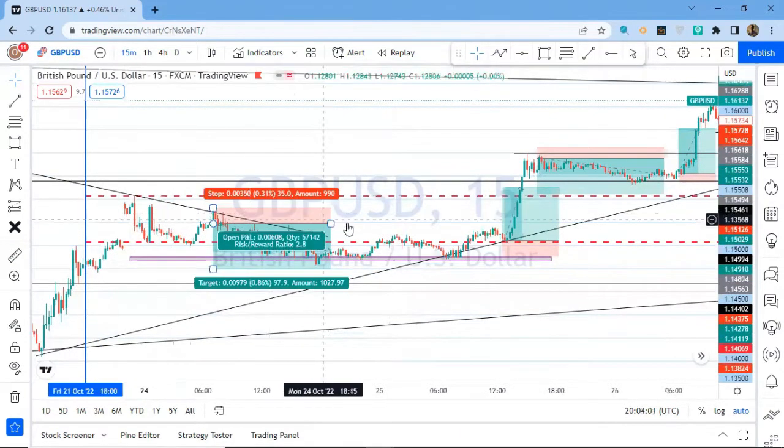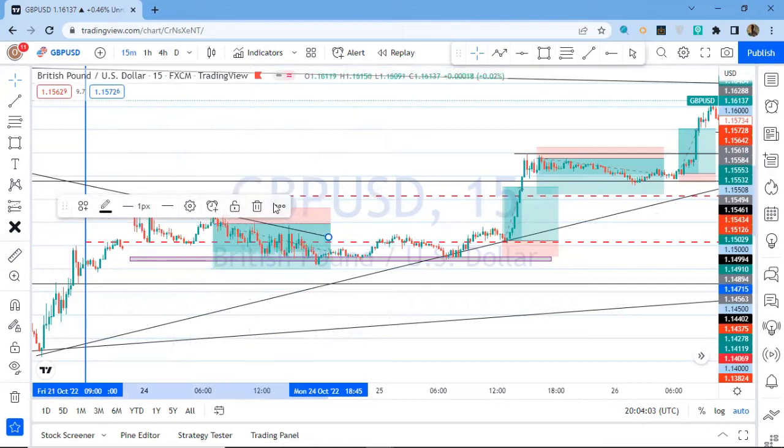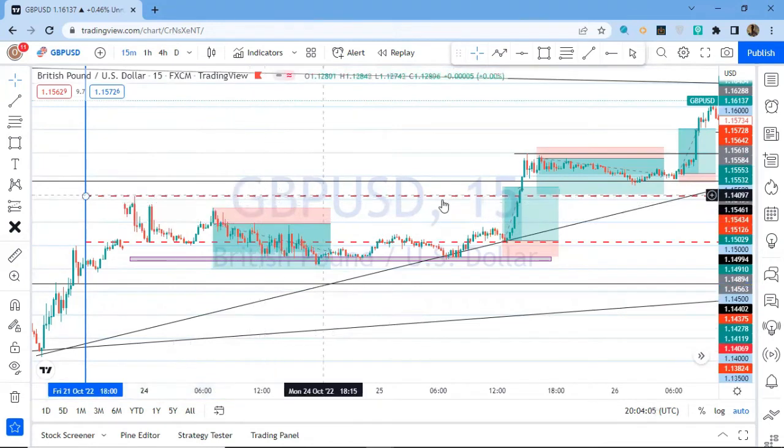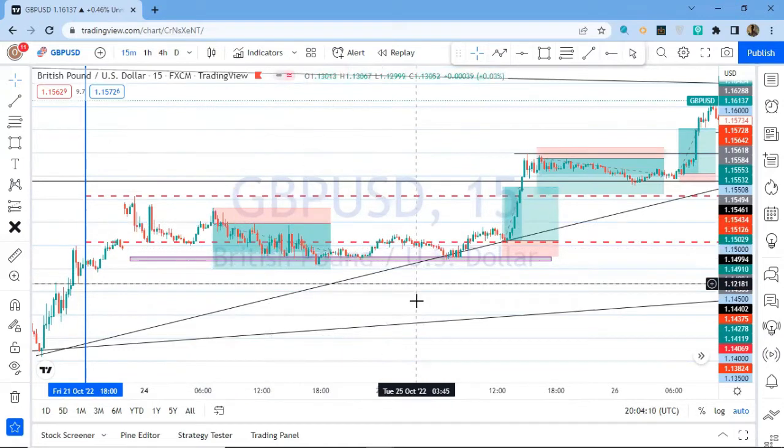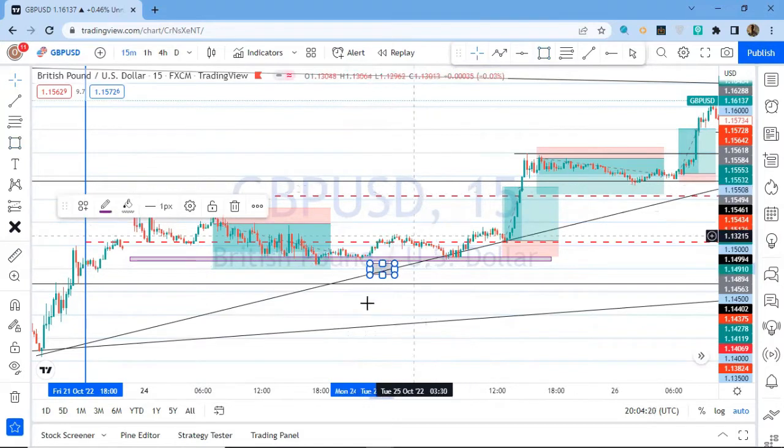Now this was the trade which guys were like, why? Because at first our analysis was a sell. You see this sell? We expected it to push further and maybe reach this point and maybe come to this point. Guys, that was it.